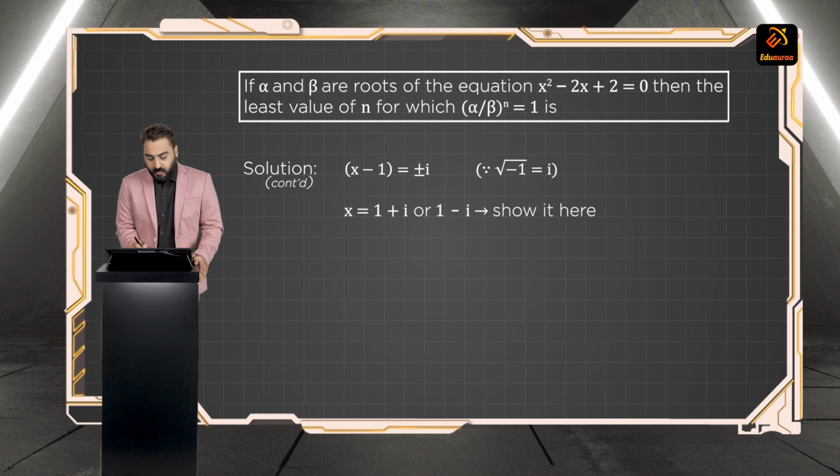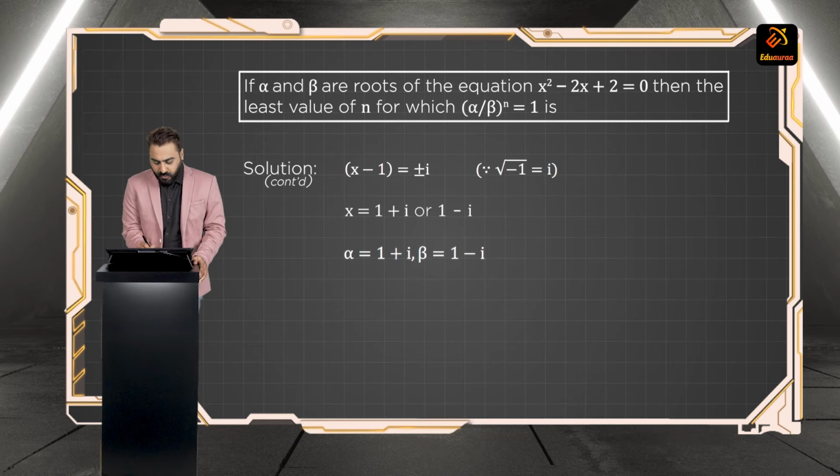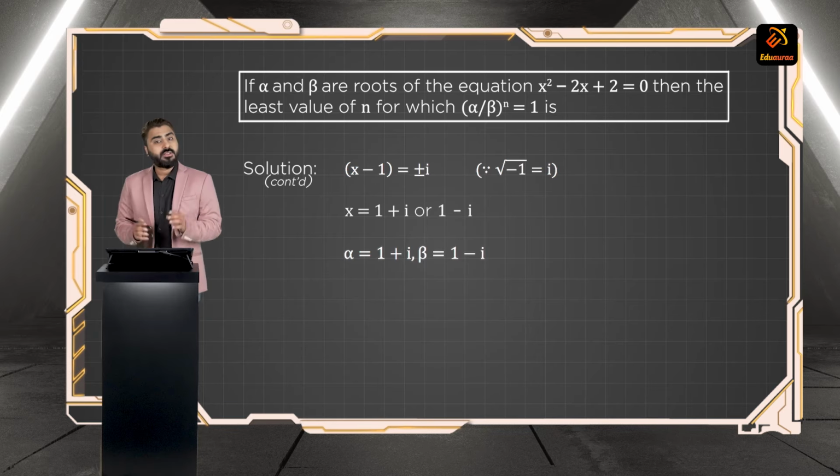We get x is equal to 1 plus i or 1 minus i. So students, what are the two values of x? x is equal to 1 plus i or 1 minus i. And we know that alpha is equal to 1 plus i and beta is equal to 1 minus i.